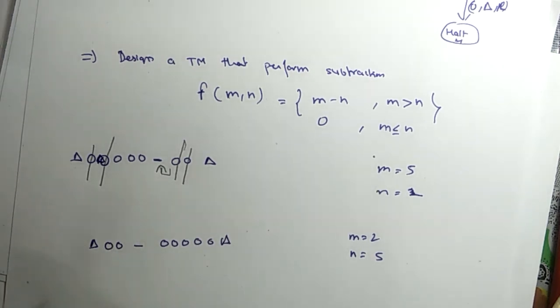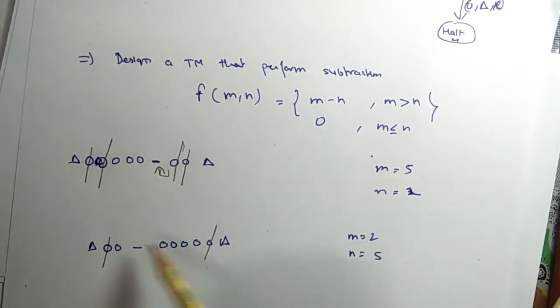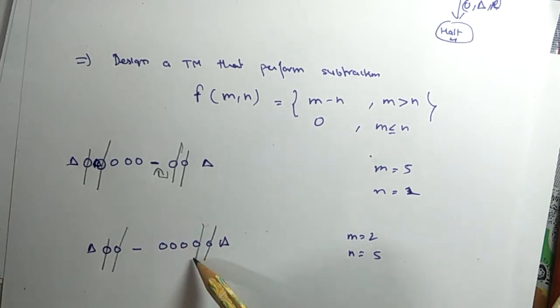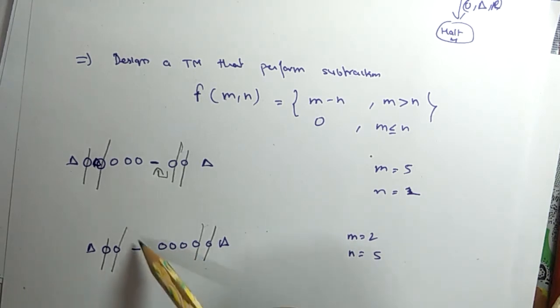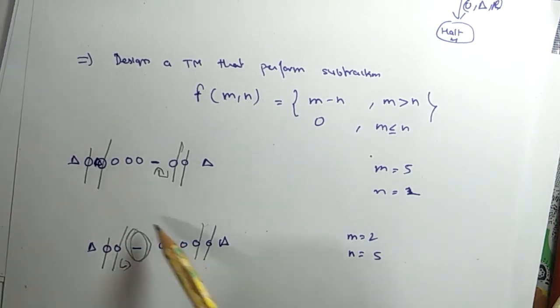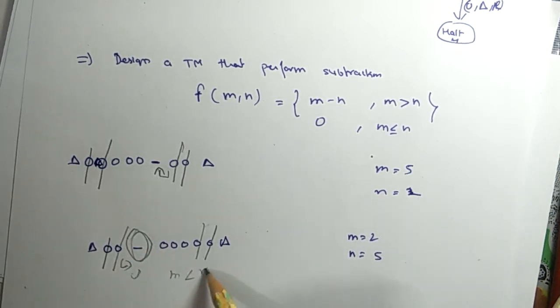We will cut 1 zero from this position and 1 zero from this position, and again 1 zero from this position and 1 zero from this position. There are still some zeros left on the right, so we will try again. But now from the left hand side we get the minus. If we get the minus symbol from the left hand side, it means that m is less than n.